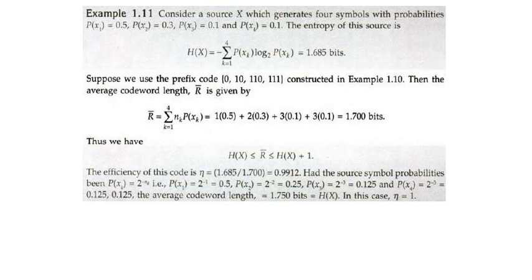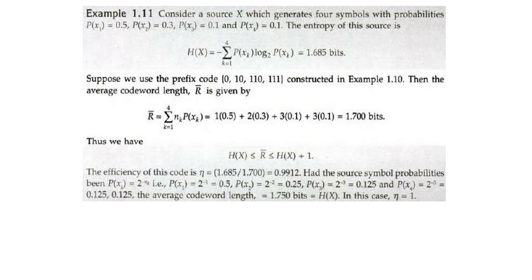Now this code satisfies the source coding theorem, if you observe. According to the source coding theorem, r bar should be bounded between H(X) and H(X) plus 1. H(X) is 1.685 and H(X) plus 1 is 2.685.